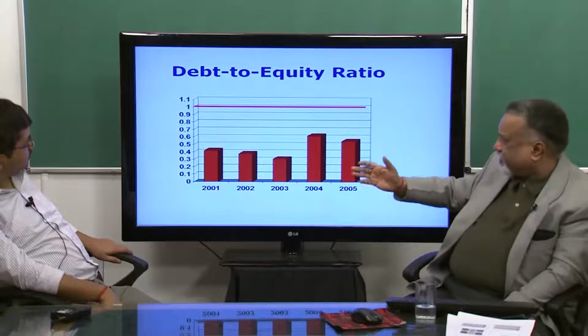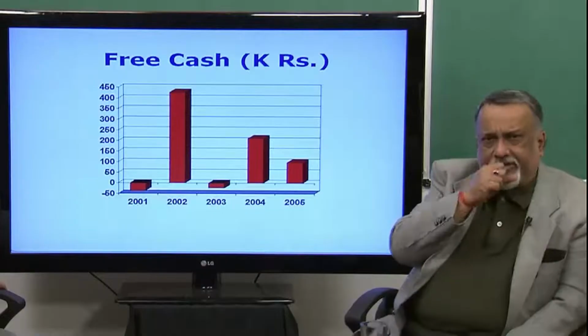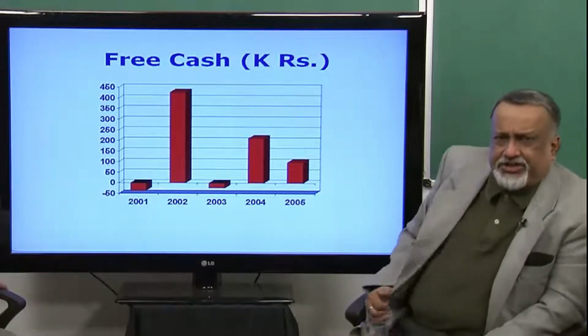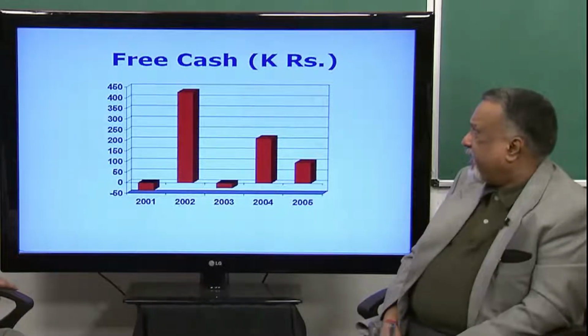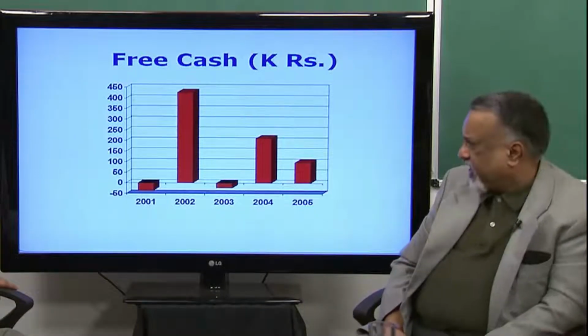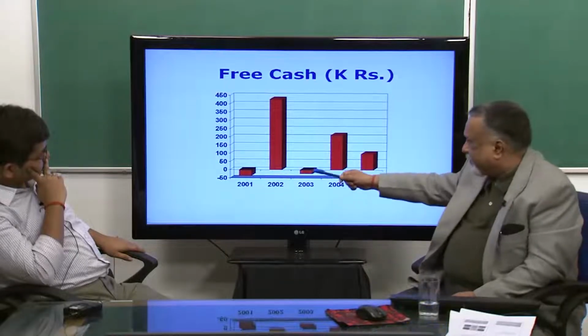This is the debt to equity ratio. This is very important in today's market, which is sluggish and where liquidity is low. This is called the free cash flow. As you see, JC company has a problem with free cash flow.